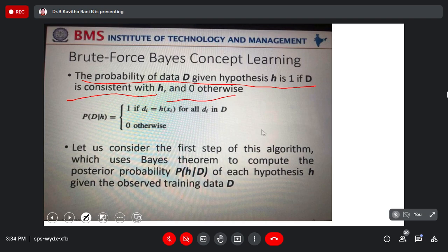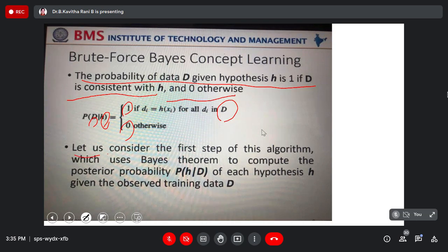We have seen this in all the algorithms: candidate elimination, neural networks, decision tree. So probability of data given hypothesis equal to 1 means that particular hypothesis is consistent with the training examples. If we get 0, it is not consistent with the data.